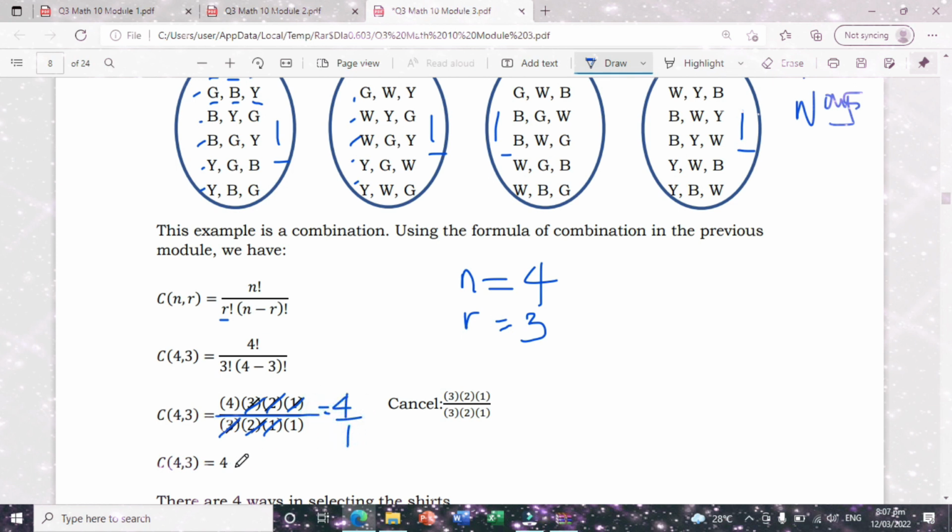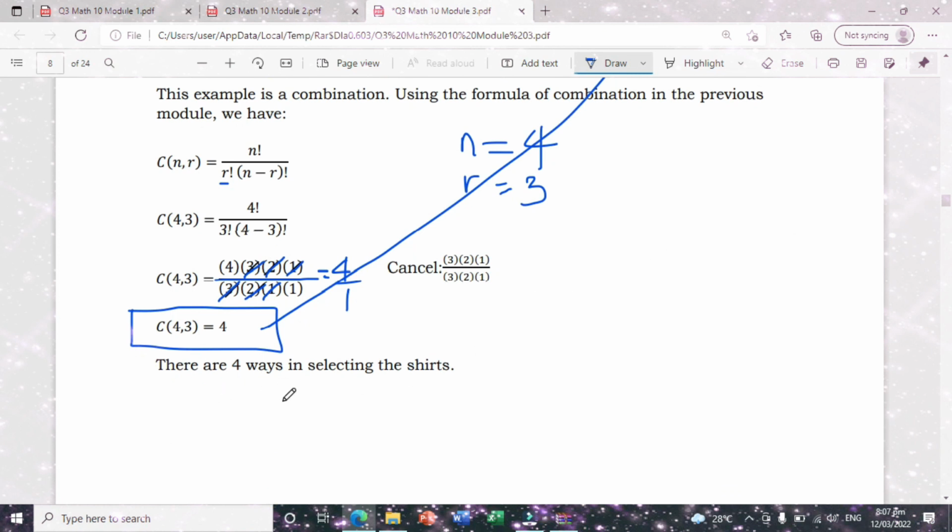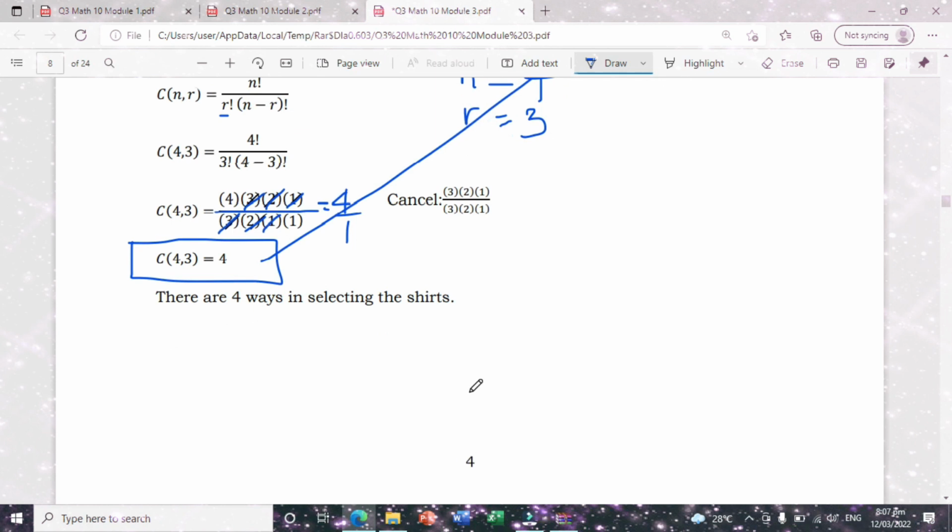So 4 divided by 1 is 4. So therefore, C 4 3 is equal to 4. Okay, so pare-pareho lang yan sa listing method natin. 4 ways. So there are 4 ways in selecting the shirts.